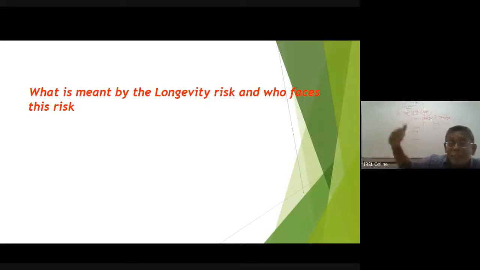Suppose the person is living more than 75, say 90 years, the bank still needs to pay that. So there are 20 years the bank needs to pay extra. That is the risk the bank is going to face because of longevity, the person living more than the expectancy of 75 years.